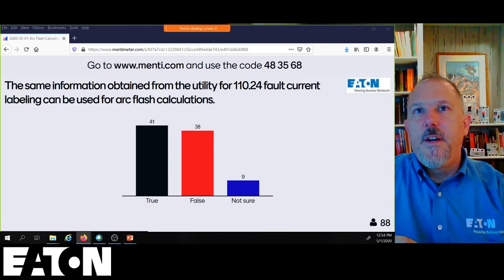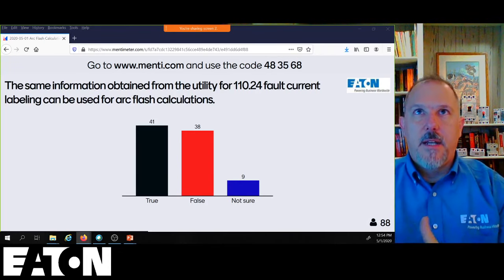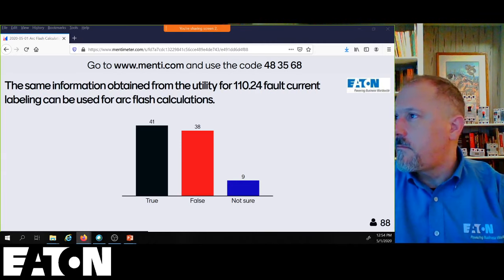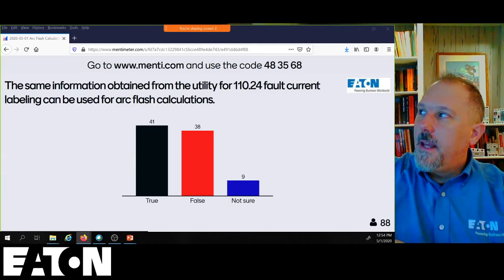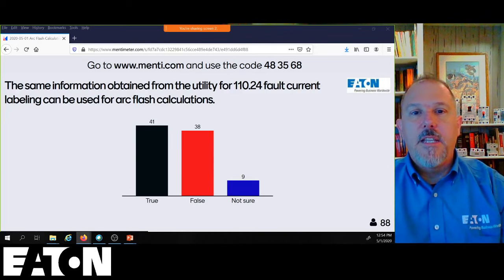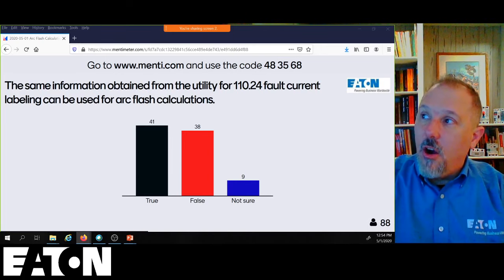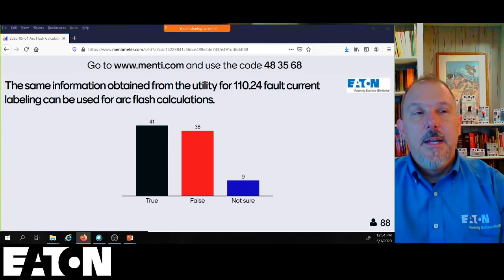So you have to worry about the minimum and the maximum numbers, not just the maximum. If that makes sense. So that 110.24, I would steer away from that as being the number for arc flash calculations.